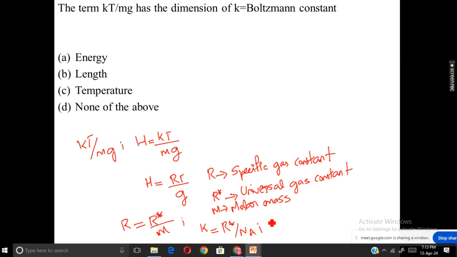So basically R can be written as k by m, Boltzmann constant by m.